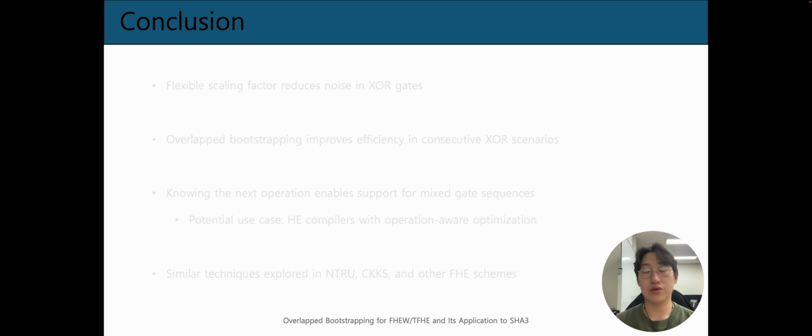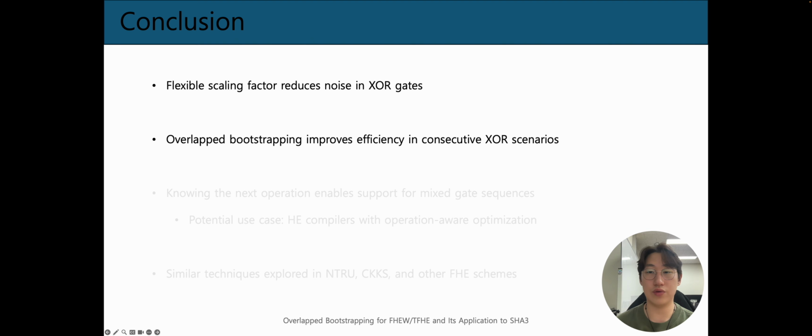To conclude, our work introduces several key ideas to improve the efficiency of bootstrapping in FHEW schemes. First, by using a flexible scaling factor, we reduce the noise generated during XOR gate operations, making computation more stable.